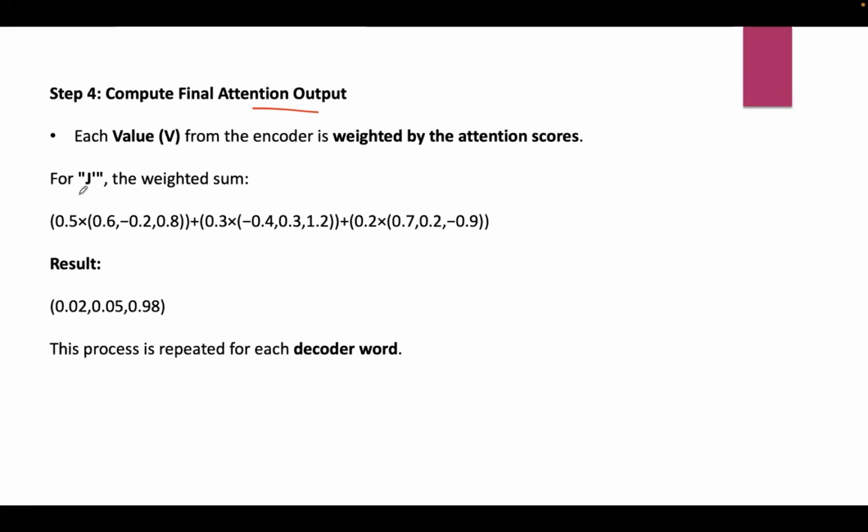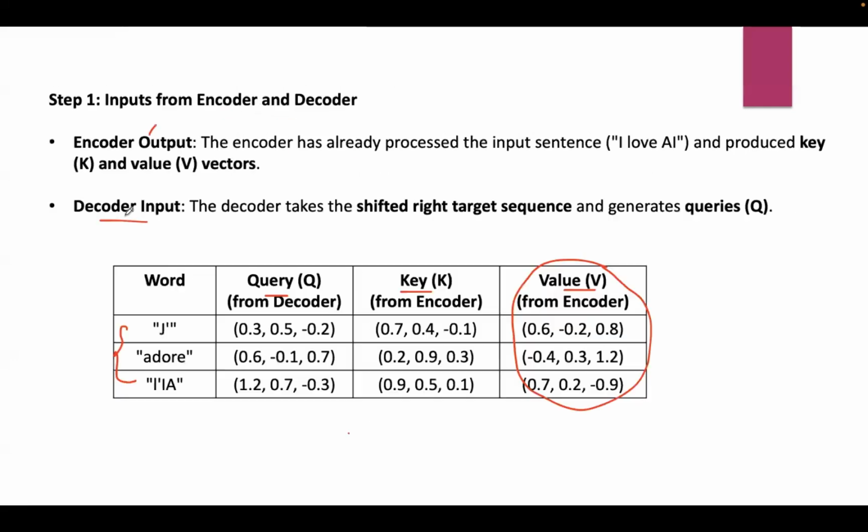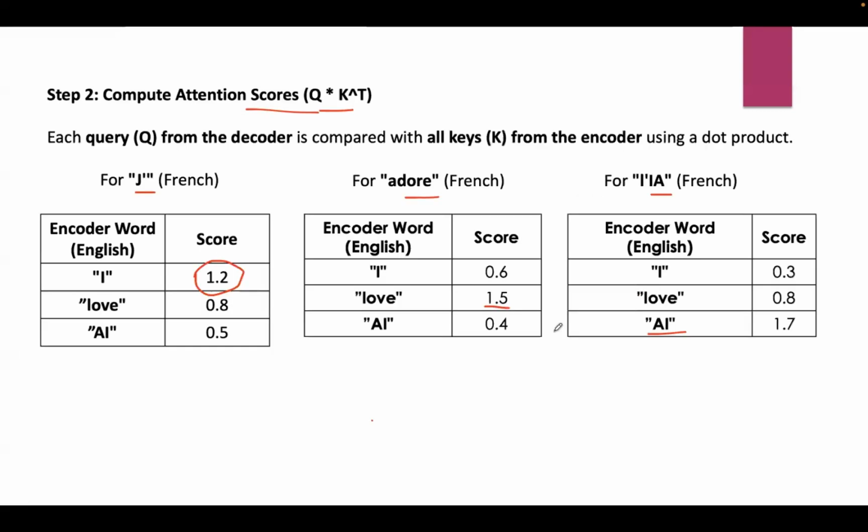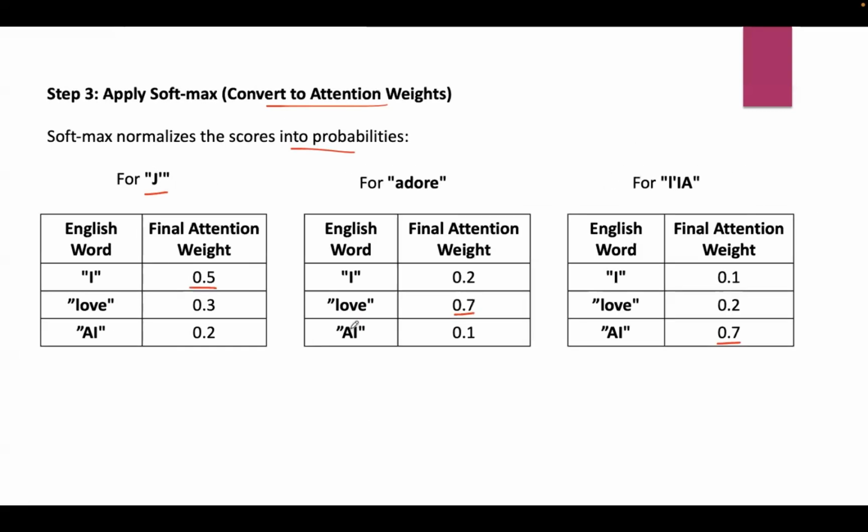We'll see it for the word J'. 0.5 into this value vector for the word J'. So you need to take the dot product with 0.5.